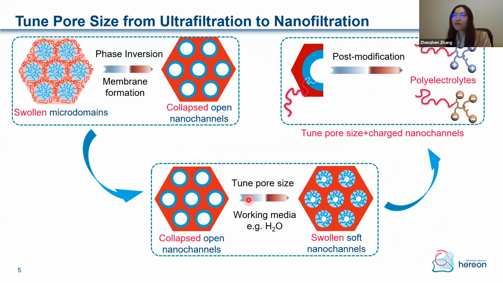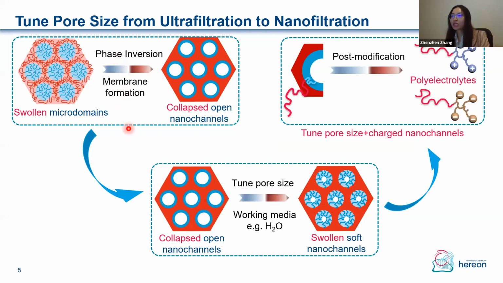The pore size of most block polymer membranes is in the ultrafiltration range. So it's very important to tune the pore size from ultrafiltration to nanofiltration. As we already saw in the last slide, the open nanochannels are produced by collapsing those swollen microdomains during phase inversion.